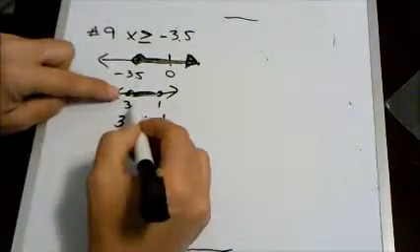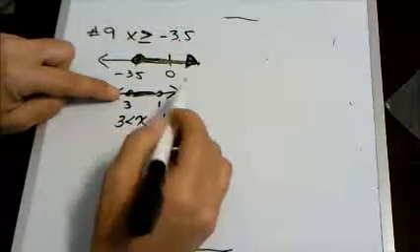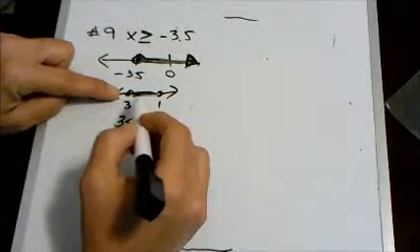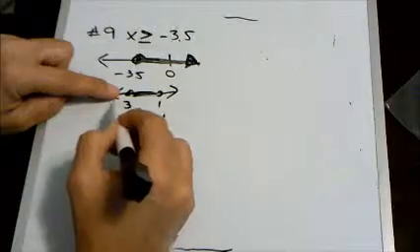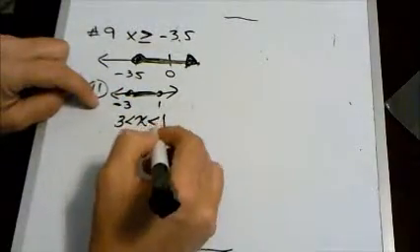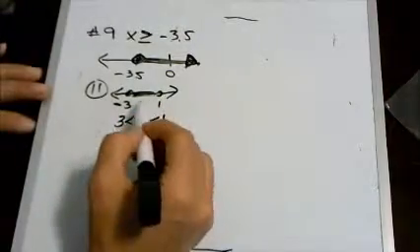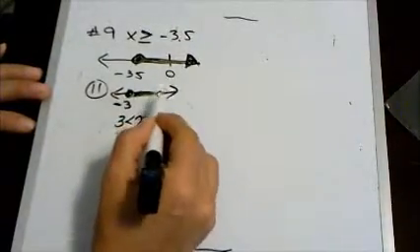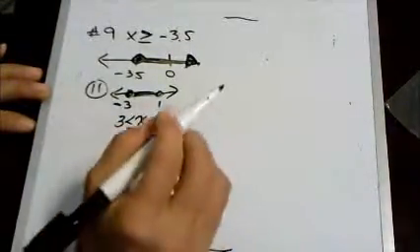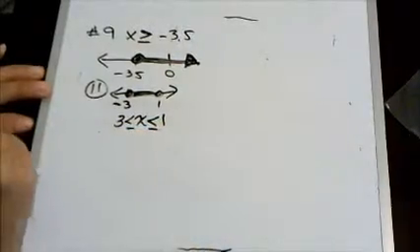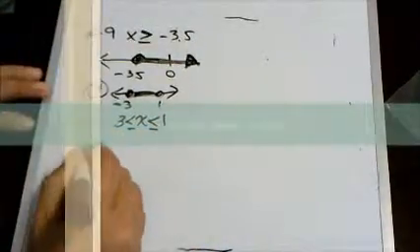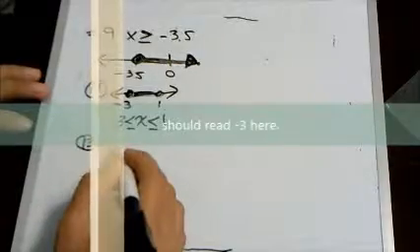And it points to the smaller number. So 3 is smaller. Sorry, this is a negative 3. And the x is smaller than that. So it's in between. And since the circles are colored in, then you will have the line underneath for equal to. Next we have number 13.